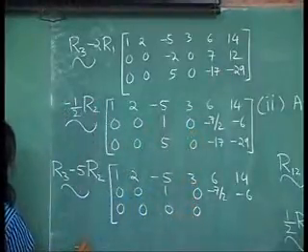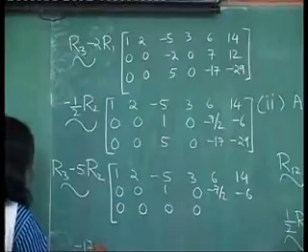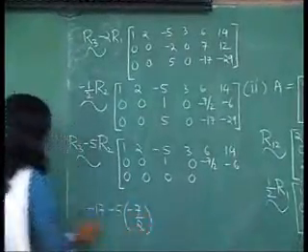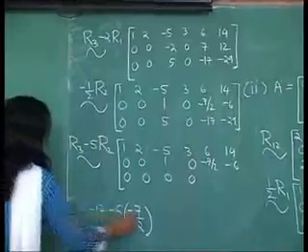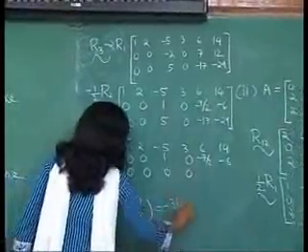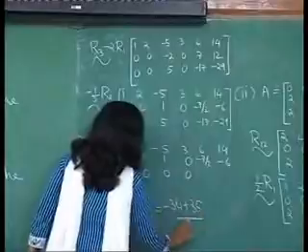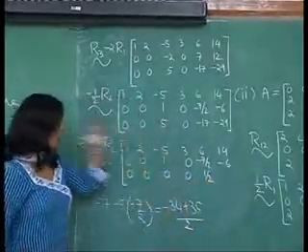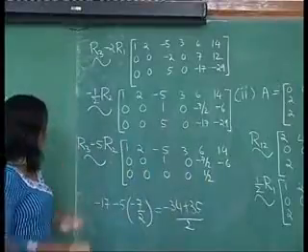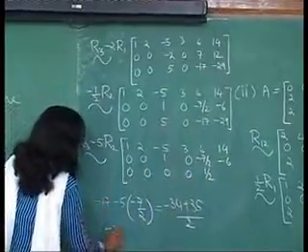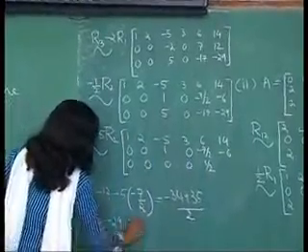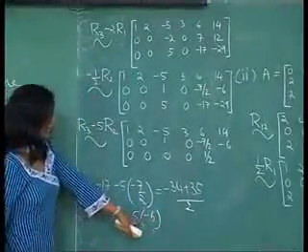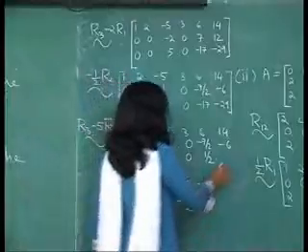This will be minus 17 minus 5 into minus 7 by 2. So that works out to be minus 34 plus 35 upon 2. That is half. So here I'll get half. And in the last place, I'll get minus 29 minus 5 into minus 6. That means minus 29 plus 30, which is 1.